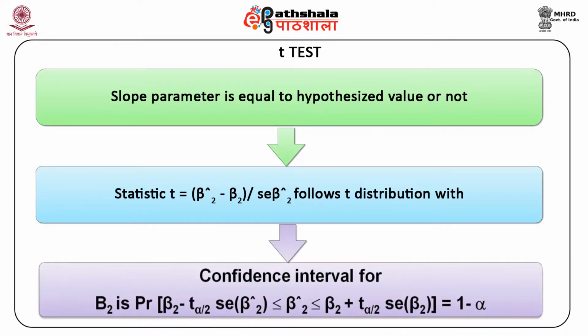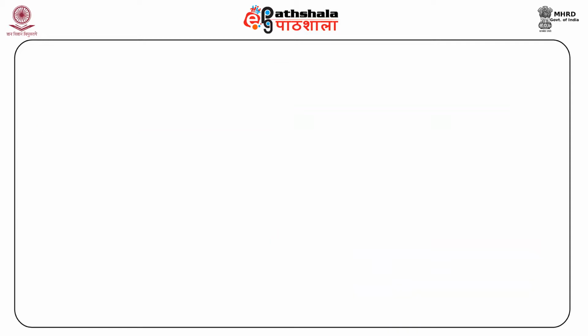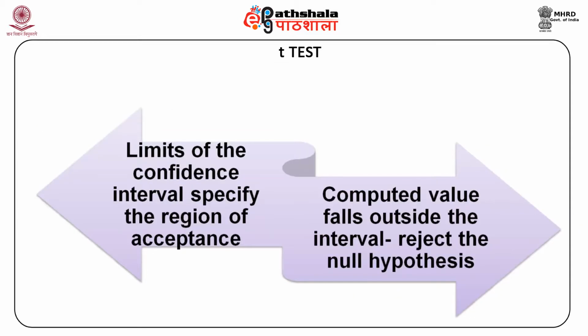The confidence interval for beta 2 is Pr[beta 2 minus T alpha divided by 2 SE of beta hat 2 is less than beta hat 2, which is less than beta 2 plus T alpha divided by 2 SE of beta hat 2], which is equal to 1 minus alpha. The limits of the confidence interval specify the region of acceptance of the null hypothesis. If the computed value falls outside the interval, known as the critical region, then we reject the null hypothesis.